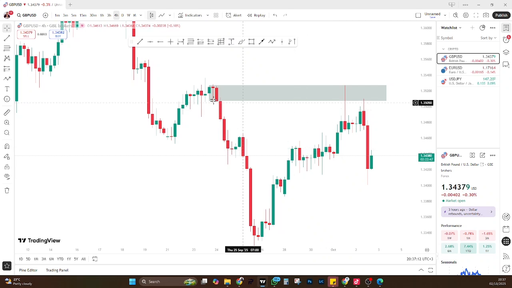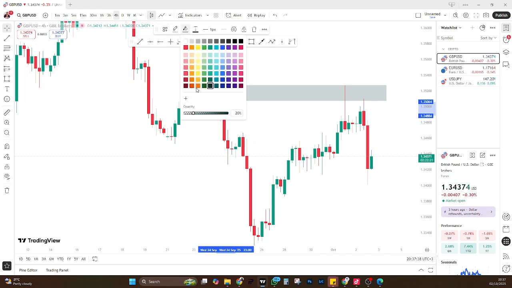But when you look at this, you see something. You see that what happened is that immediately after this candle, the market is not giving us higher highs and higher lows.